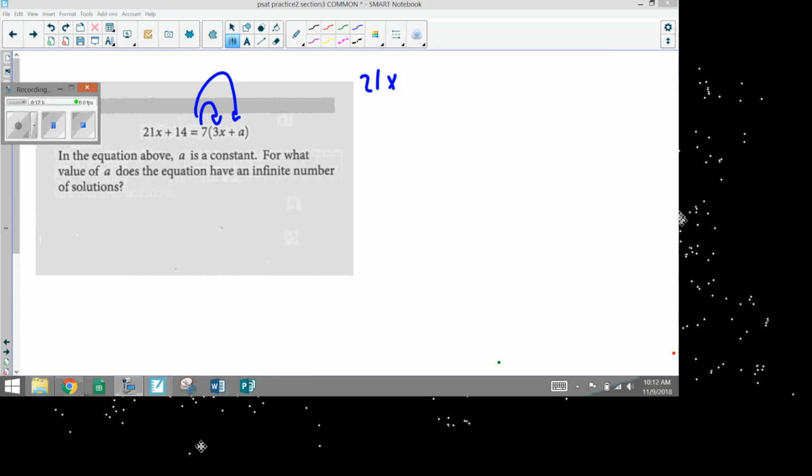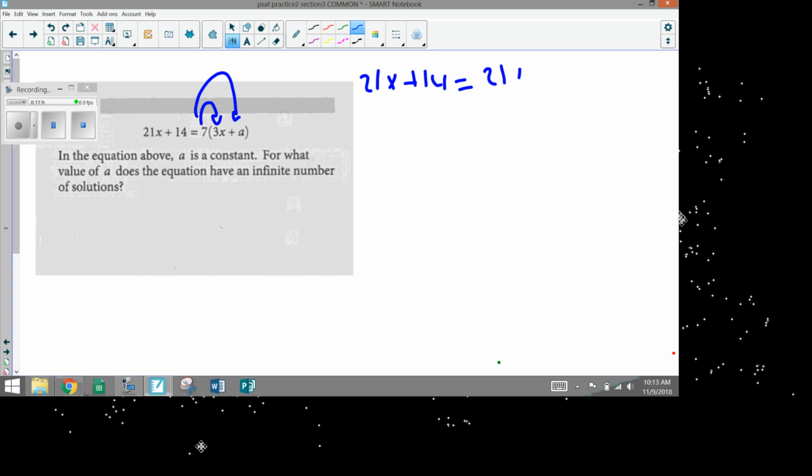I was doing this question, I was just distributing: 21x plus 14 is equal to 7 times 3x plus 7a. Okay. Infinite number of solutions. When you look at that, what is a? The question, a is gone for, okay, so circle the question, what is a?